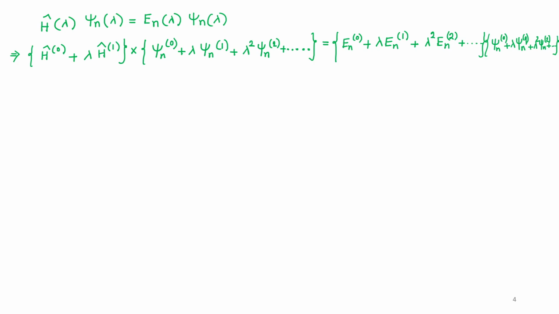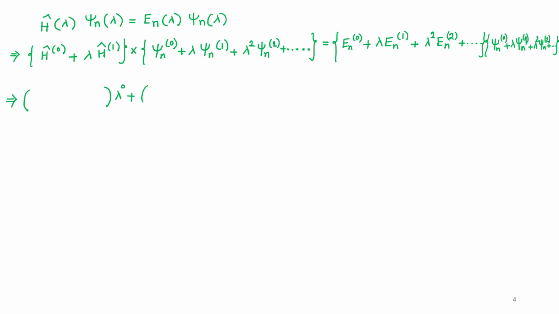And what we will do, we will expand it in such a way that we take everything to the left hand side and keep the right hand side as 0, and we will try to collect the terms which are in the same order of lambda. So in short, we are going to collect the terms with respect to lambda to the power 0, that is nothing but 1, meaning the lambda independent parts.